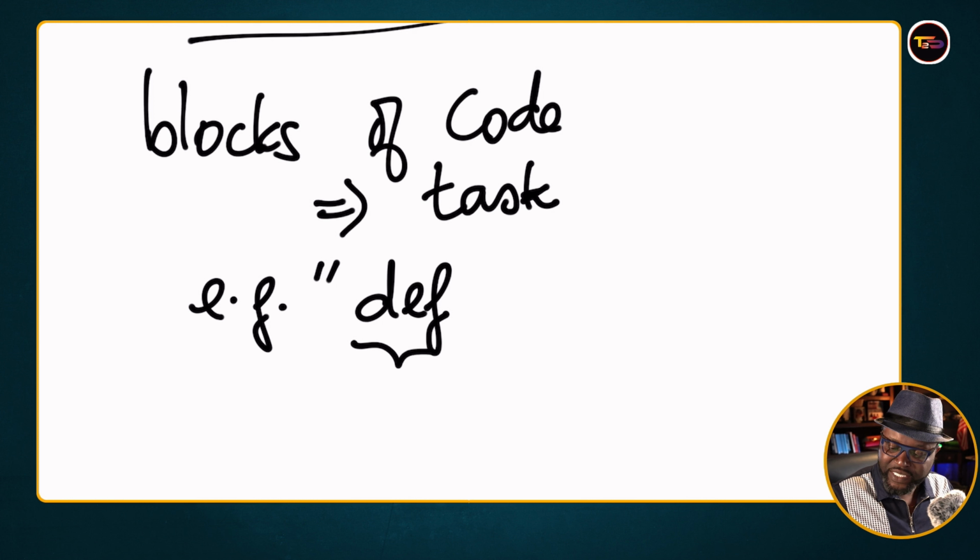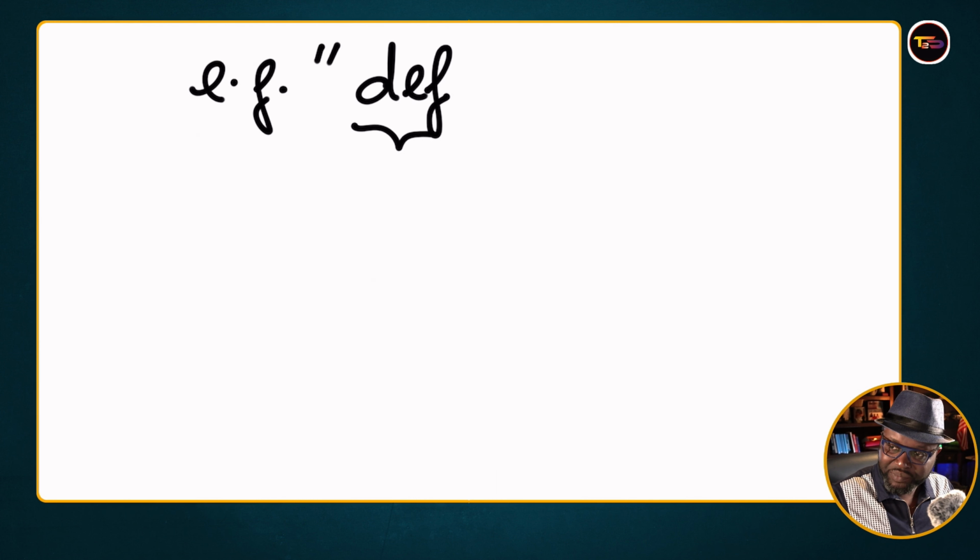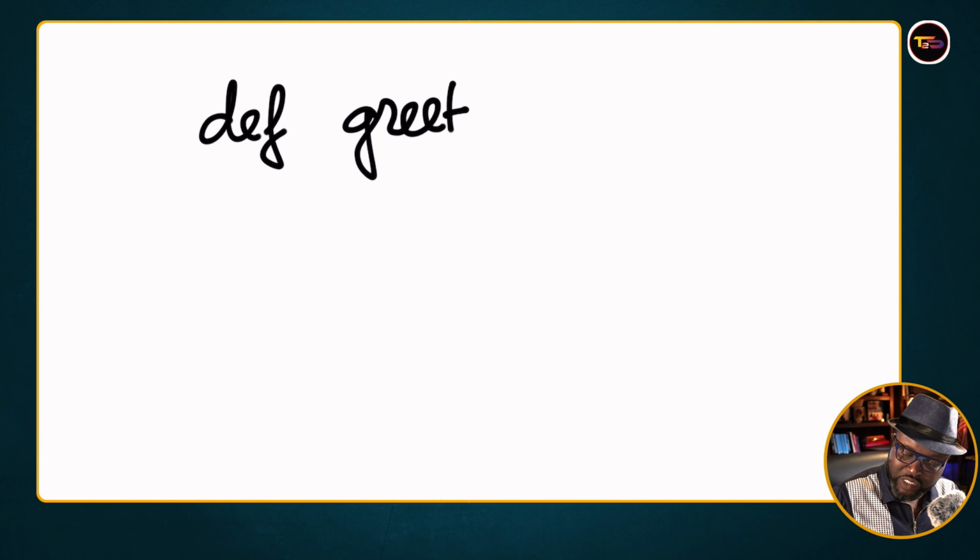For instance, let me just go ahead and write something here quickly. Let's say def, as an example here. We're going to call this function greet, and then we'll put the name here.